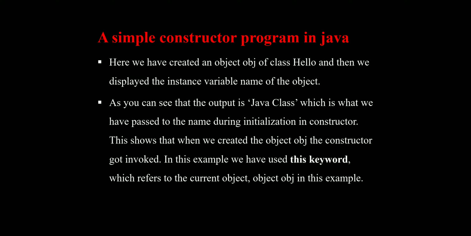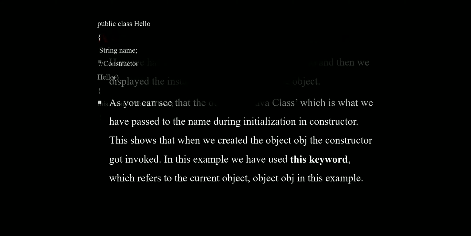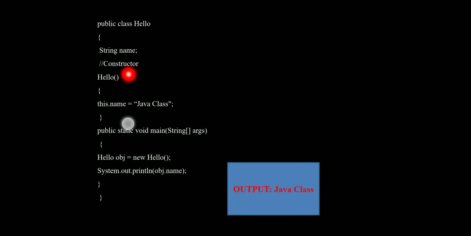It means this.name is equal to a statement, that is Java class. This is the initialization of the constructor. This is a keyword which refers to the current object of the class. Here with the help of the obj object we are calling the constructor. The final output is Java class.